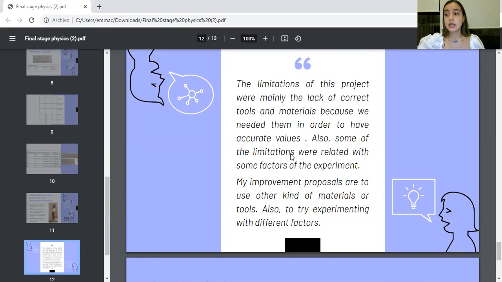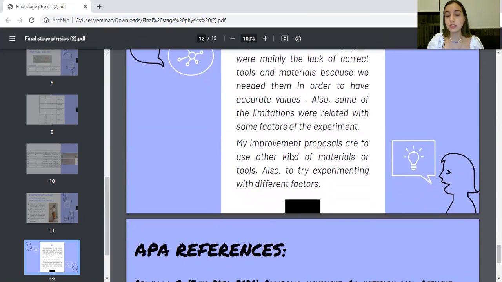Well, I think that when we want to know the accurate or specific results of an experiment, we have to use specific tools that are used when we do an important experiment, not tools that we can get in our house. Also, the factors, I think, are important. This is one of the things that I want to say in the improvement proposals.